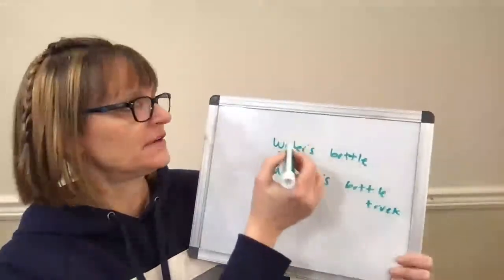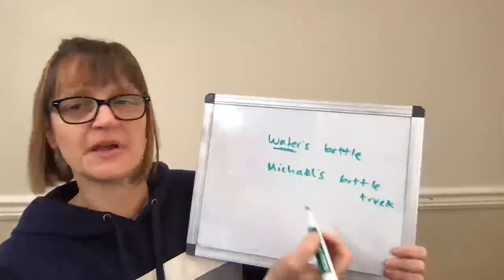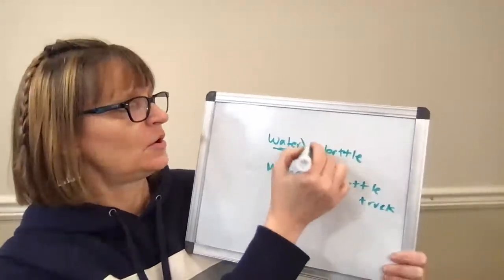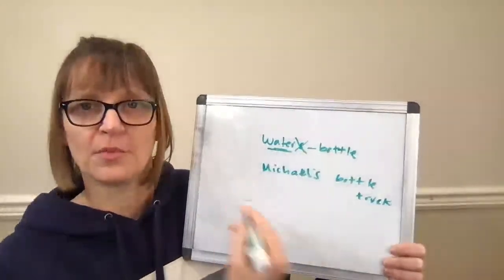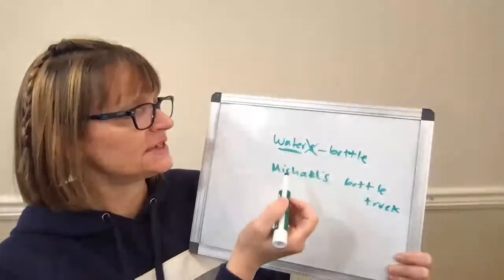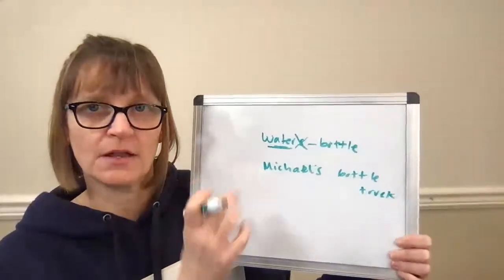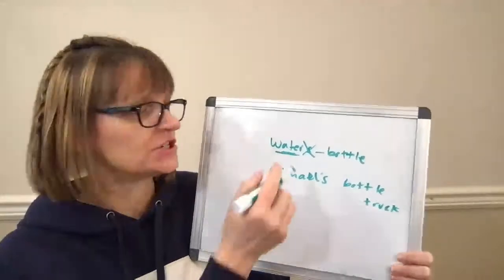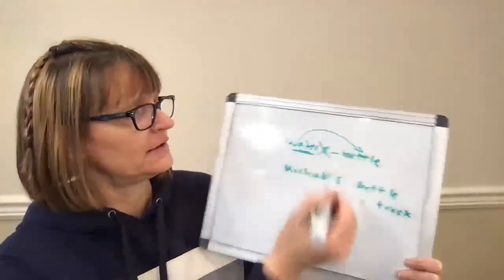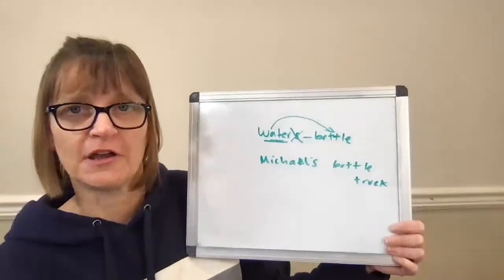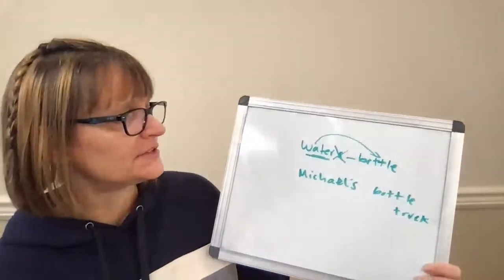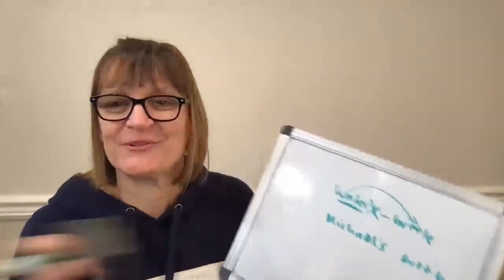Water's bottle truck, if this was someone's business name, yes. Otherwise, it's just going to be water bottle truck, because this is a noun being used as an adjective. It's modifying the bottle. It's telling you what kind of bottle. Compound noun, basically. Good question. Thank you.